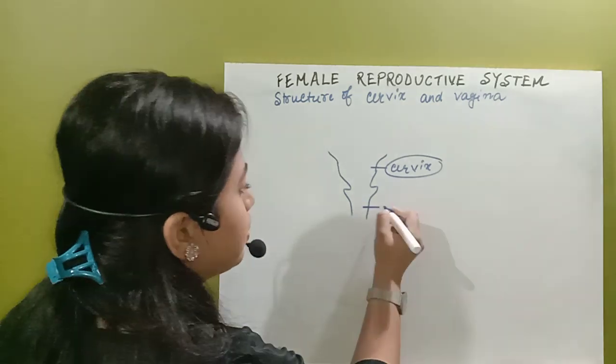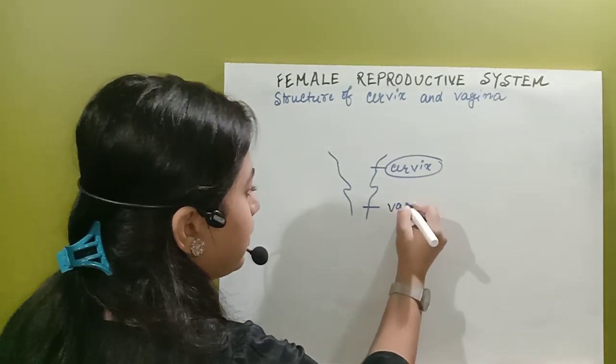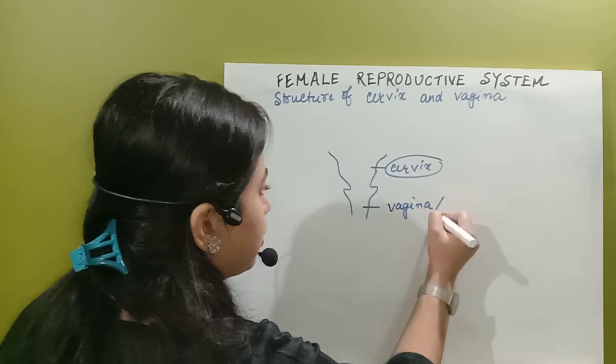After that, this region is known as the vagina or the external genital.